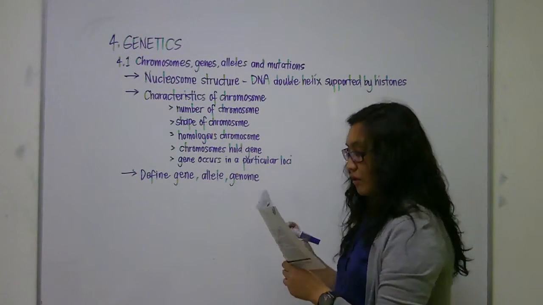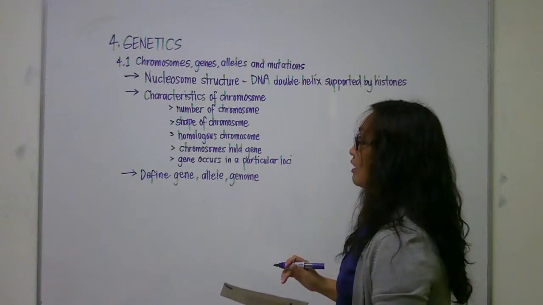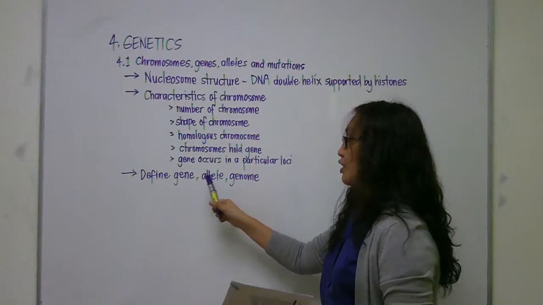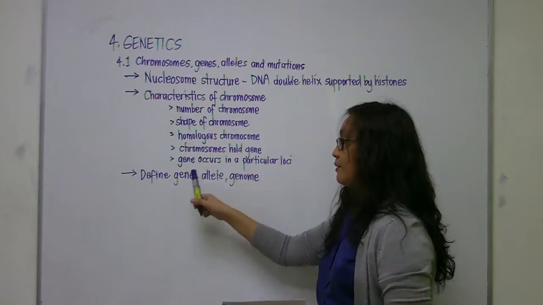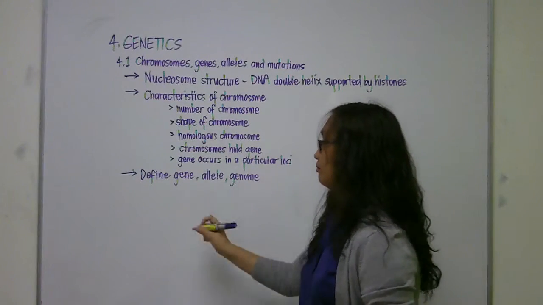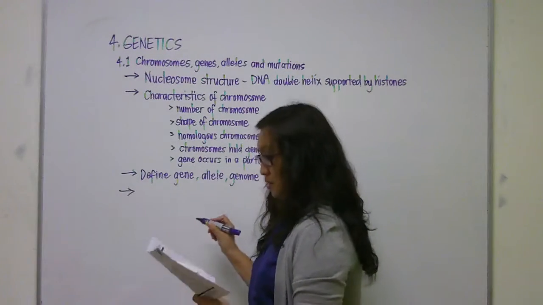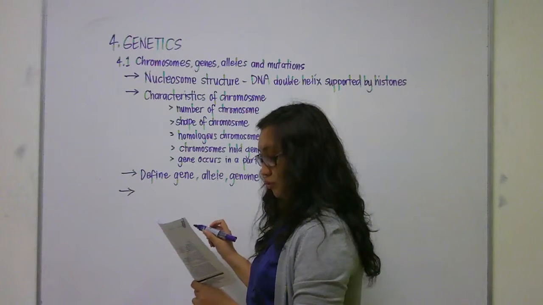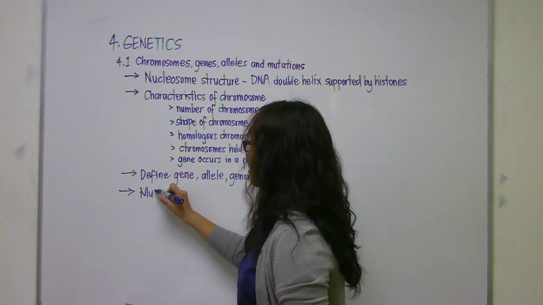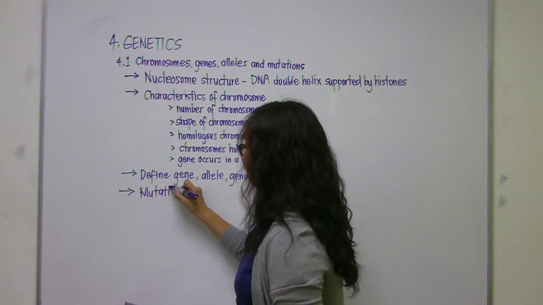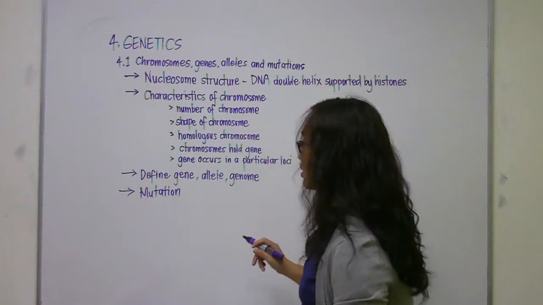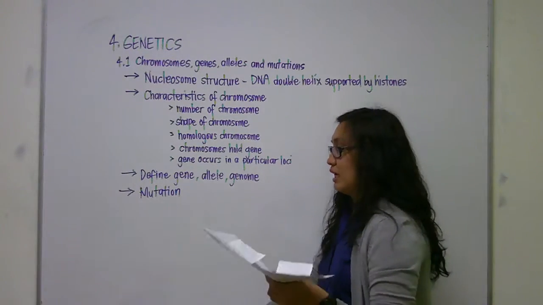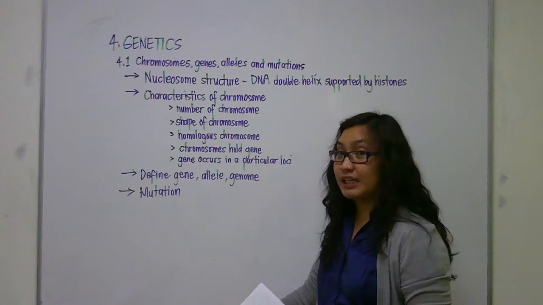Right after knowing the differences between a gene, allele, and genome, we can now move on to the mutation part. A mutation is a structural change that occurs in the DNA.